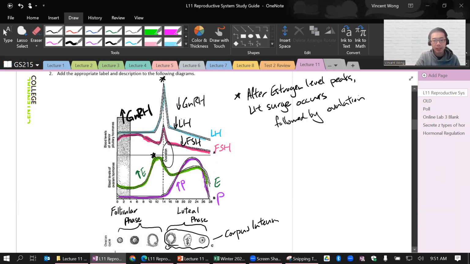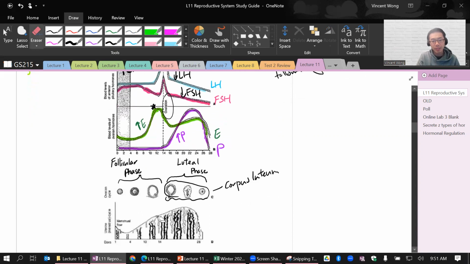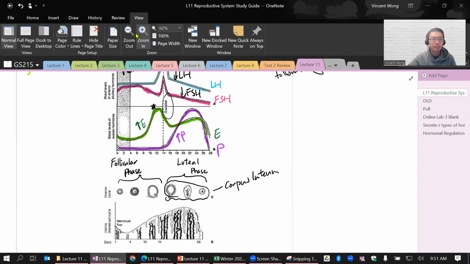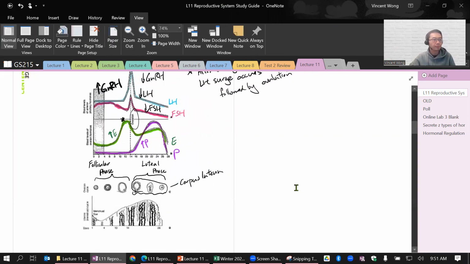So everything is down here, but the endometrium will continue to thicken because of the progesterone. If there's no pregnancy, the corpus luteum breaks down, then progesterone drops, the endometrium shreds, and then the next cycle begins. Any question?